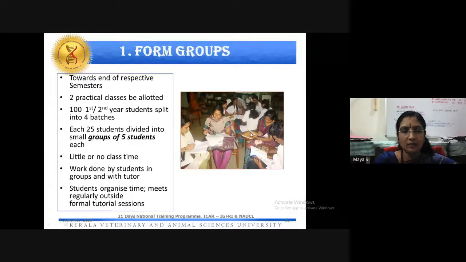After that, we will let the students loose to the clinics or to the farms. So no class hours are lost by implementing problem-based learning. We have to form groups, narrate what is meant by problem-based learning, and let them free.